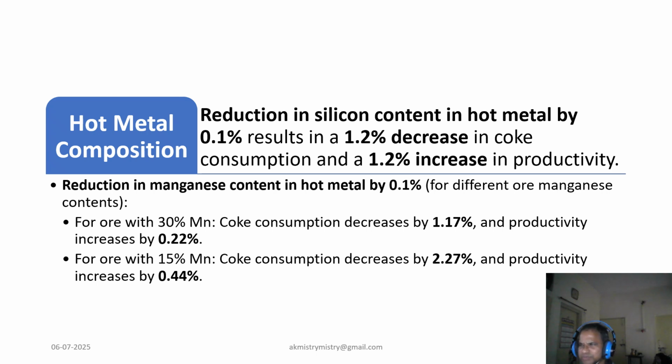For ore with 30% manganese, a 0.1% reduction in manganese content cuts coke consumption by 1.17% and boosts productivity by 0.22%. For 15% manganese ore, these figures improve to 2.27% and 0.44% respectively. So these adjustments fine tune the smelting process for maximum efficiency, we can say.